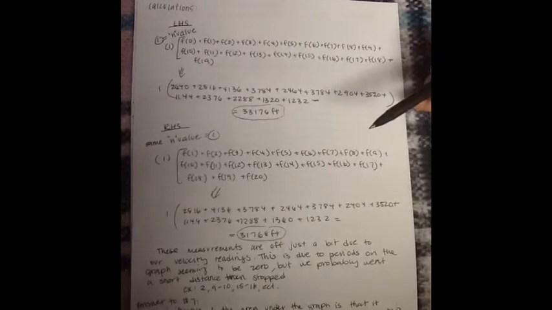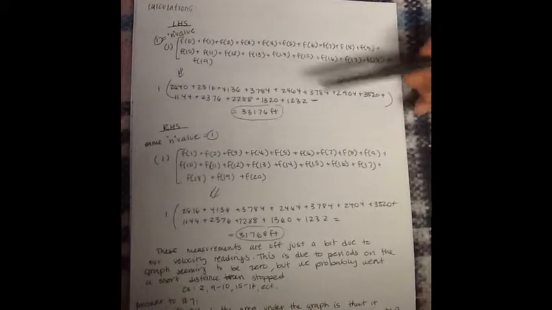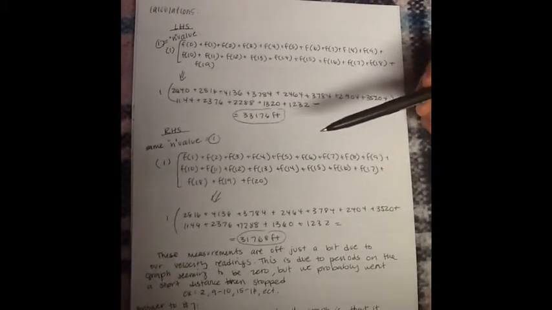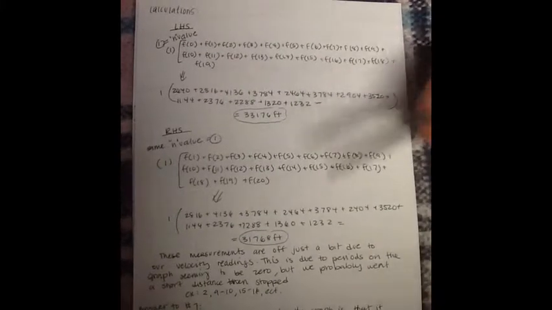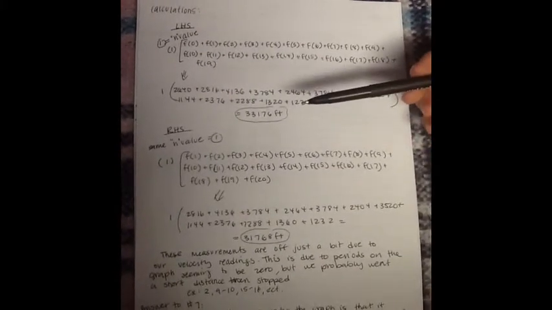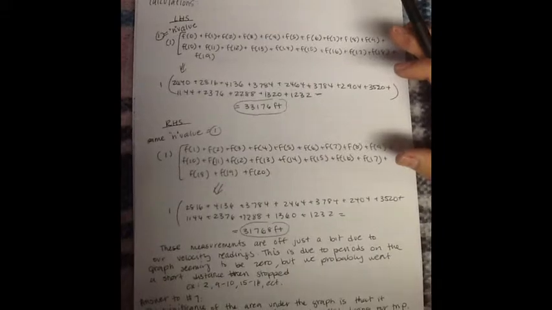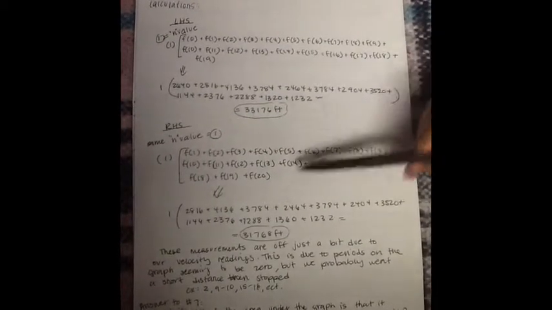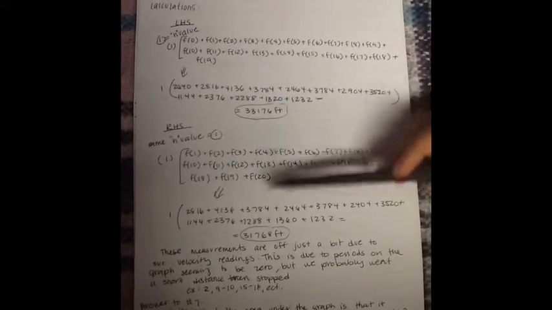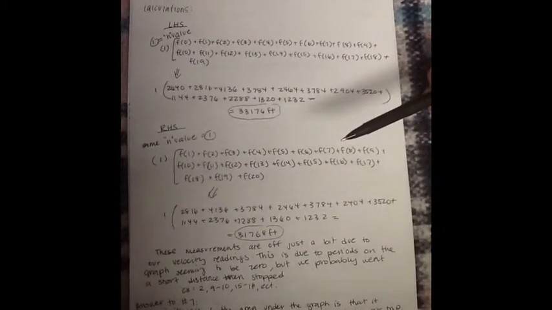Now, in class, we talked about how these two represent that our absolute area under the curve is going to be in between these two values.